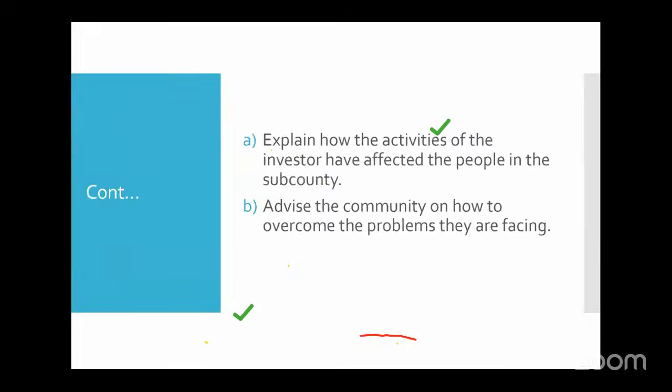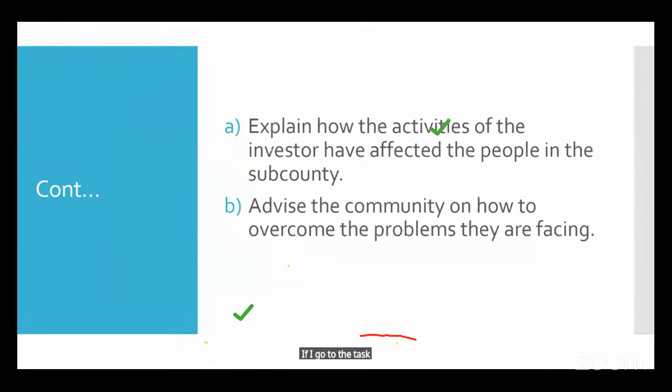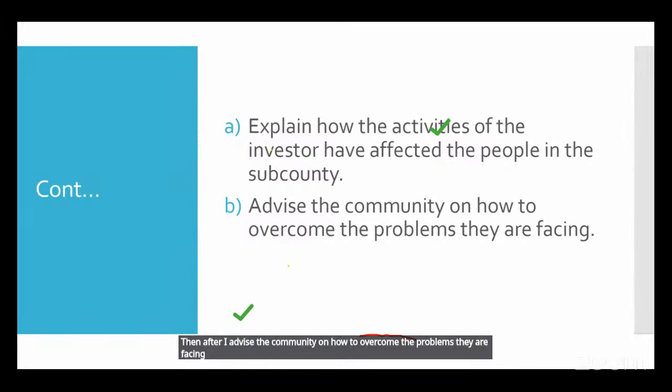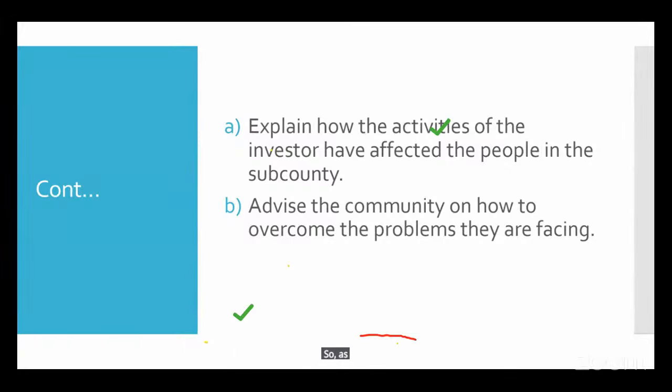If I go to the task, you have to explain how the activities of the investor have affected the people in the sub-county. Then after, advise the community on how to overcome the problems they are facing. So as we've said, you are the one to dictate which problems you're going to use.